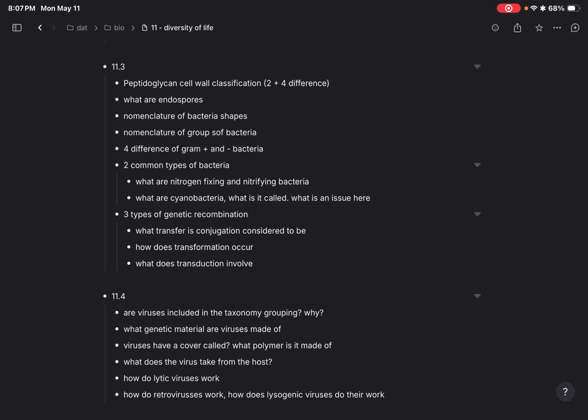So peptidoglycan cell classification. We got gram positive and gram negative. Gram positive is purple, gram negative is pink.